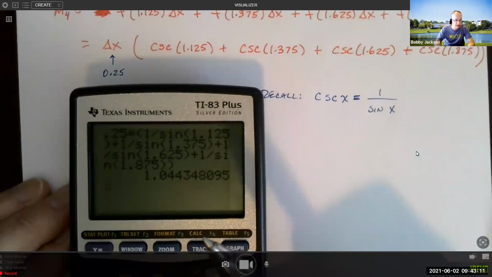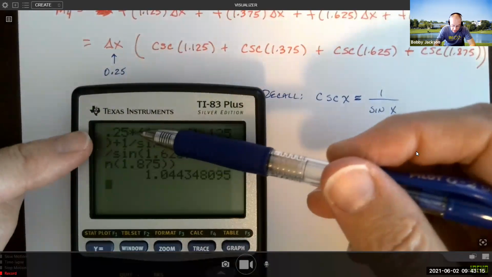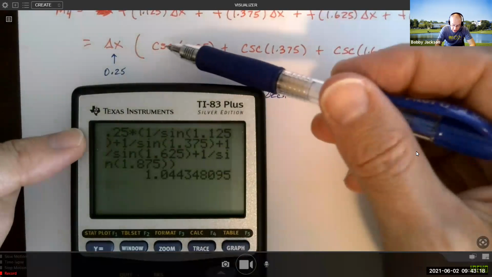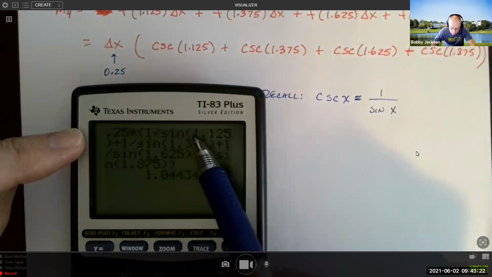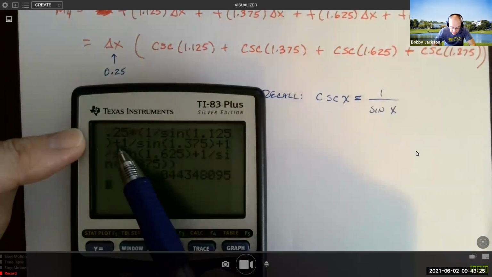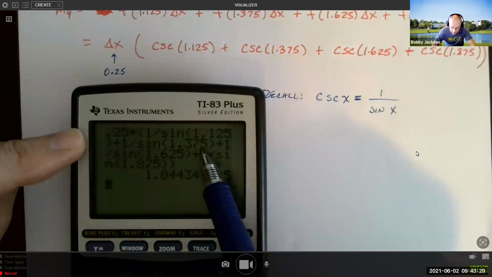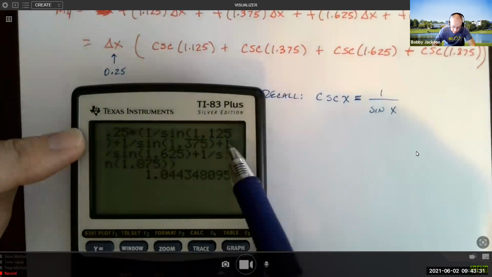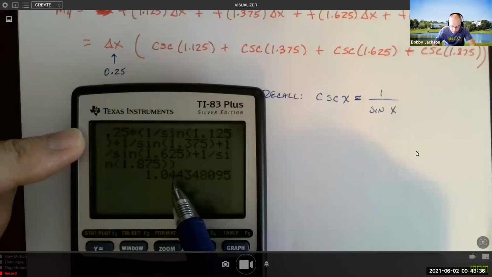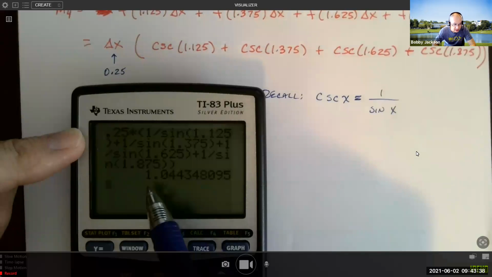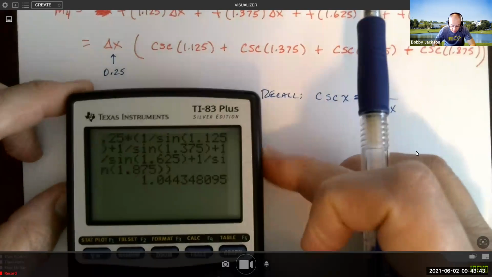Delta x, remember, was 0.25, so that's 0.25 times, and then in parentheses I've got cosecant of 1.125, that's 1 divided by sine of 1.125, plus cosecant 1.375, which is 1 divided by sine of 1.375, and so on, right? So I have to do 1 divided by each time, okay?